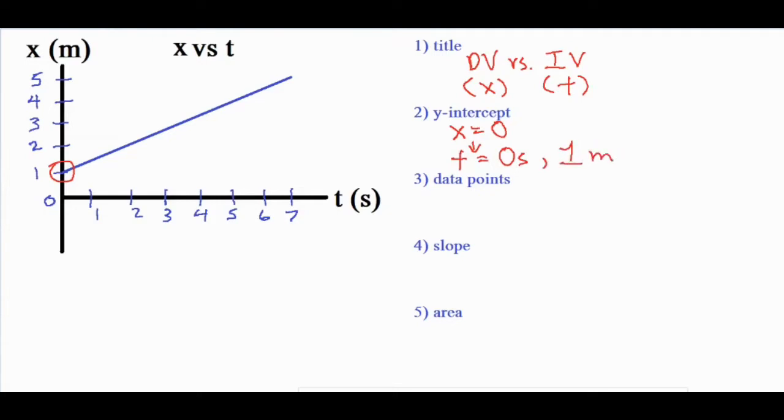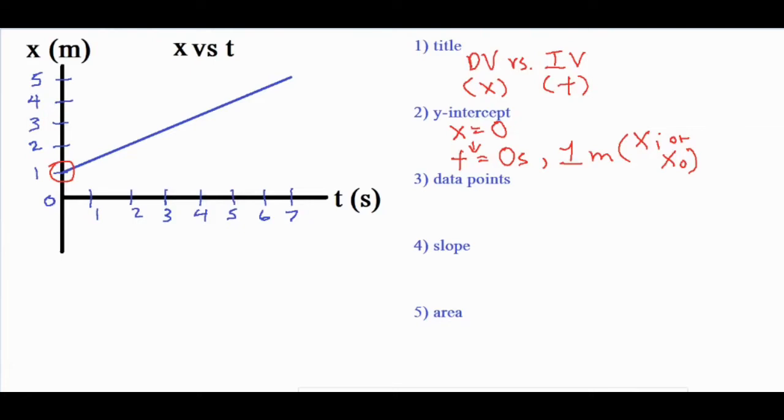And that 1 meter, for this particular graph, you would call x_i or x_0, which means initial position. The i for initial and then x naught, which also means initial position. Whatever the case is, it is wherever the object is starting out at.